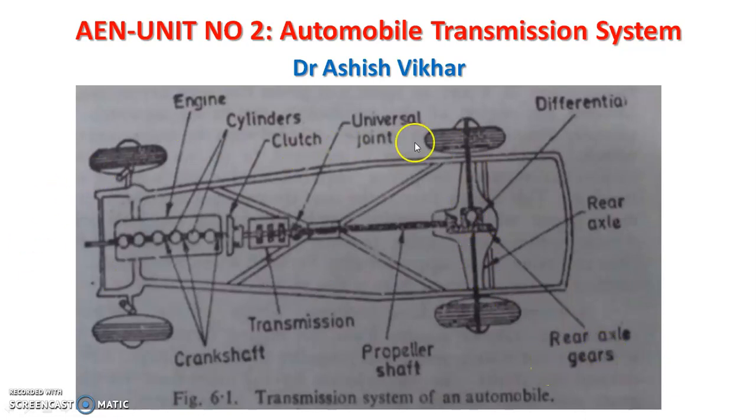So all these components are the components of the automobile transmission system, and this picture is the layout of the transmission system of an automobile. So in this unit we will learn about the basic fundamentals of the automobile transmission system and what the different contents of unit number 2 are.